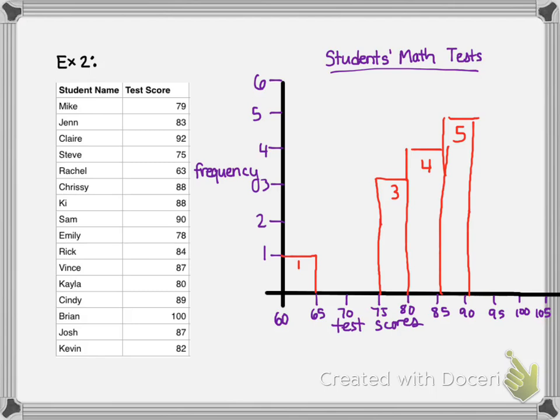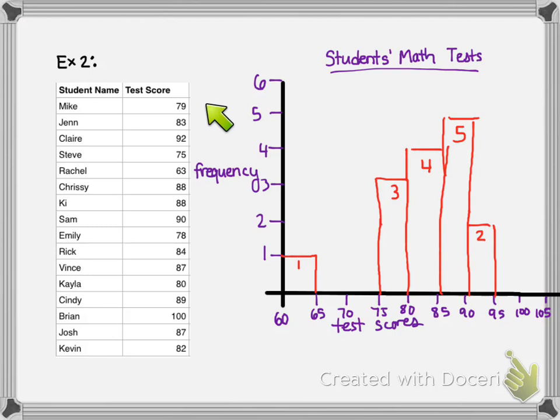90 to 94. We have 1, 2, and that's it, just 2. 95 to, what would it count up to? 99.